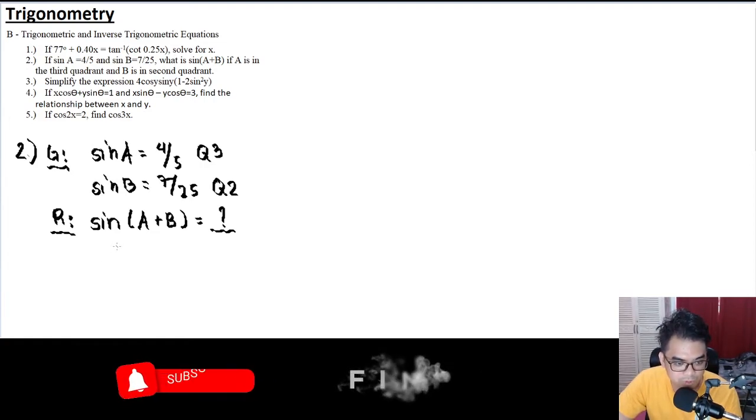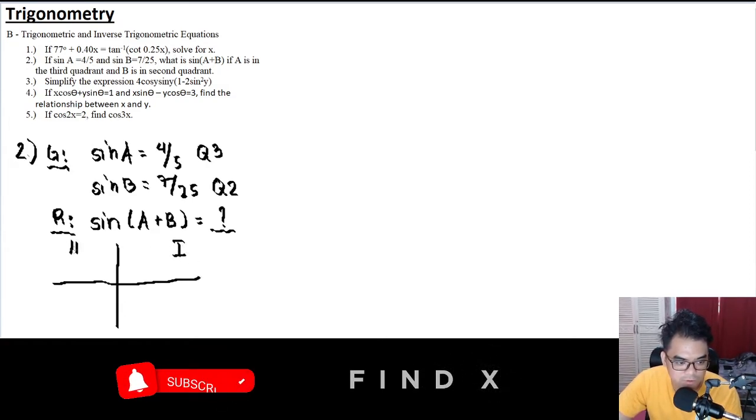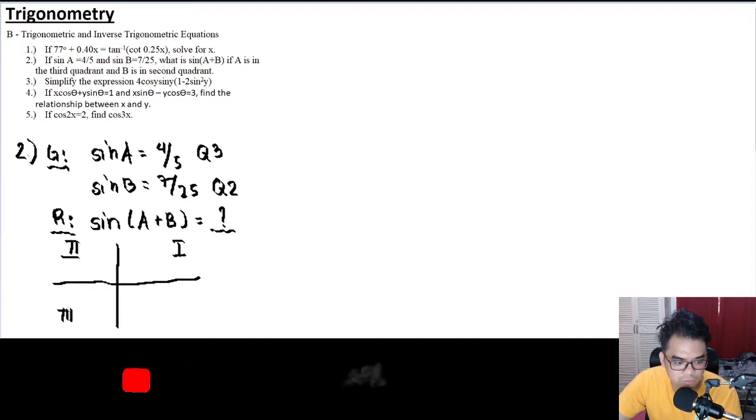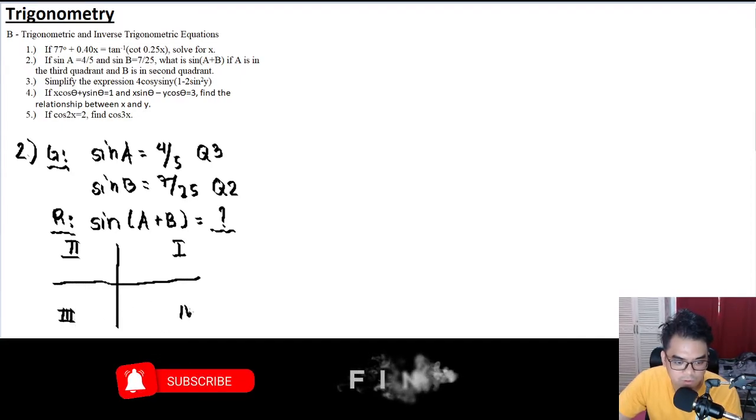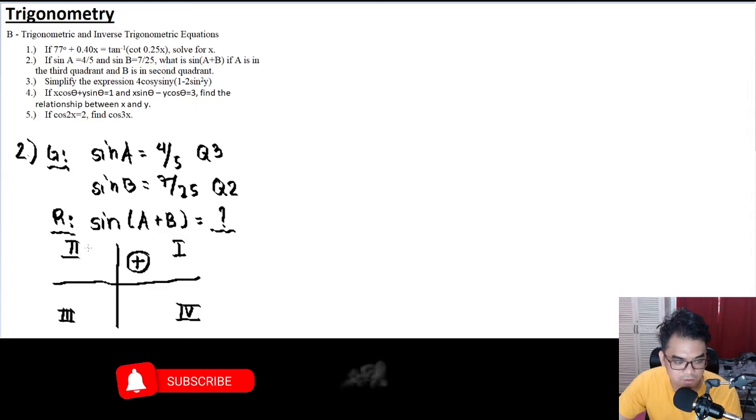You need to know that, of course, if we have this Cartesian plane, this is quadrant 1, quadrant 2, quadrant 3, and quadrant 4.